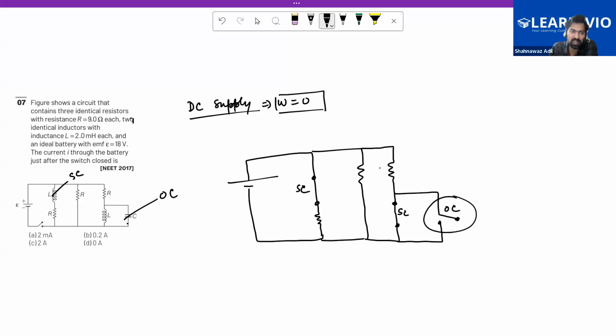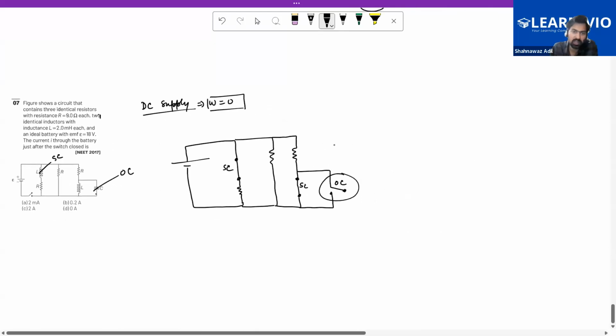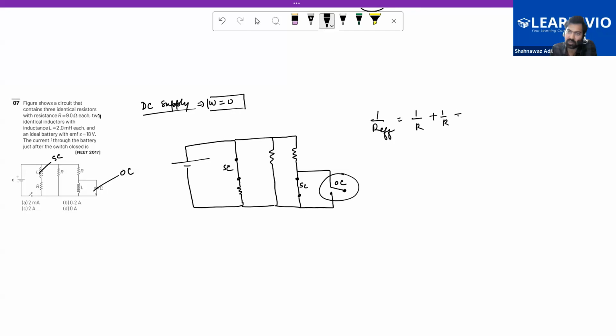So what would be the effective resistance? That would be 1 by R plus 1 by R plus 1 by R. So that is 3 by R. So R effective is R by 3. R is 9, so 9 by 3, that is 3 ohm.